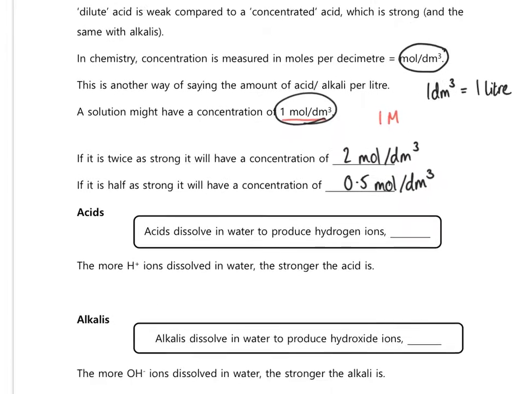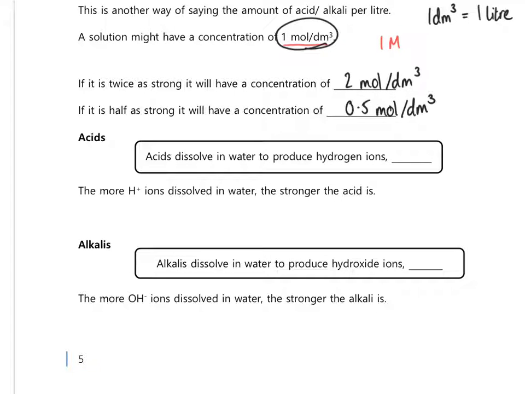What we need to look at now is what actually defines what an acid or alkali is. Acids are simply substances that dissolve in water to produce hydrogen ions. Hydrogen ions are H+, and we give them a state symbol AQ. Remember that AQ is equal to aqueous, which really means that it's dissolved in solution.